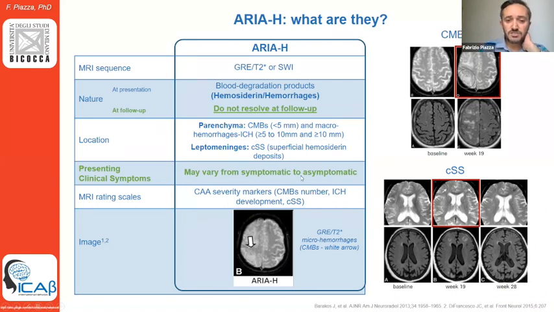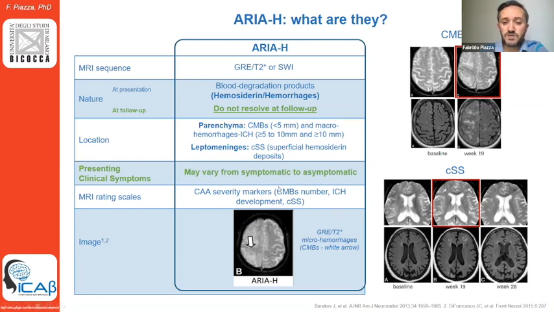So the symptomatology is again very variable and is represented by the typical symptoms that can manifest in cerebrovascular diseases. There are no specific rating scales to rate the severity and the magnitude of these events specifically related to immunotherapy.